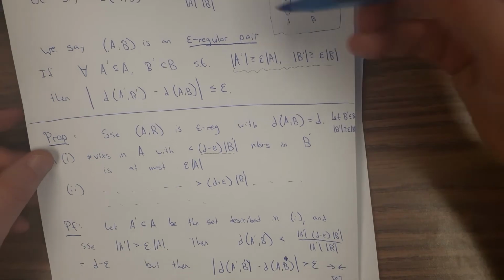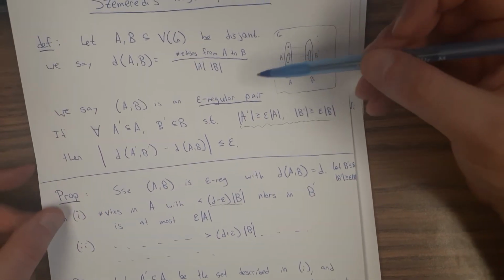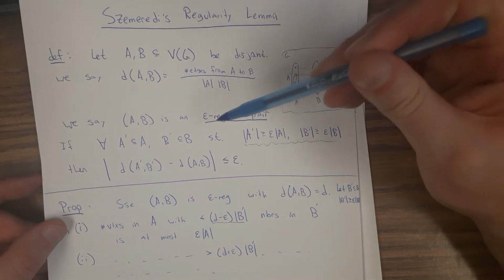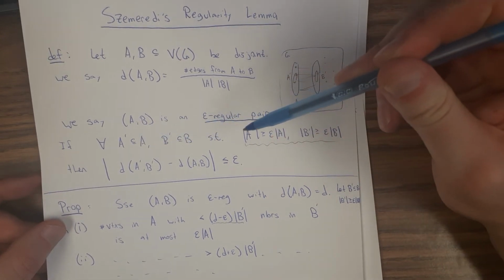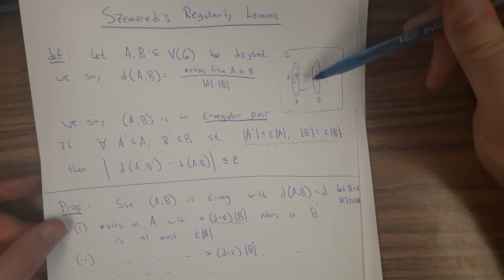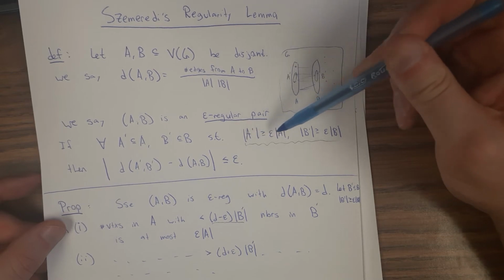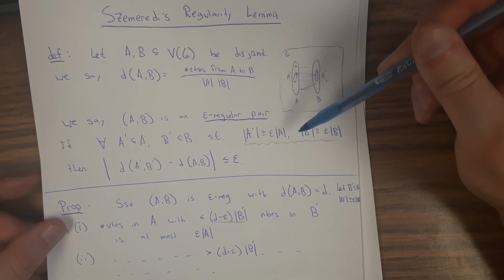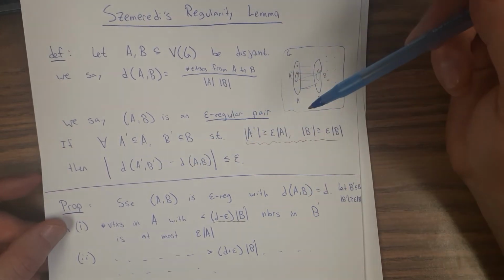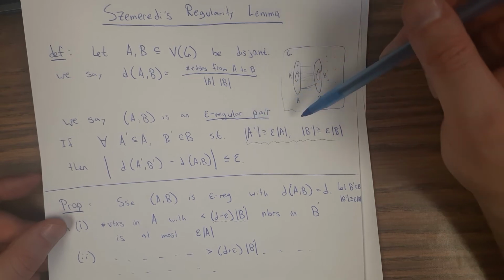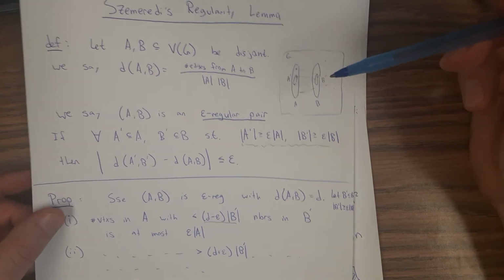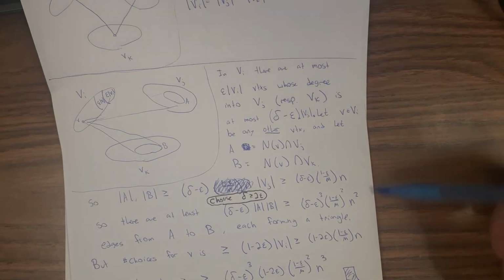For an epsilon regular pair, this is just the first page of the notes from last time, you have to be talking about subsets that are large enough. Like A prime is a subset of A, B prime is a subset of B, and A prime has to be at least epsilon times the size of A, and B prime has to be at least epsilon times the size of B, and then you can talk about the density. If A prime is too small or B prime is too small, then all bets are off regarding the density. So we need to talk about that, at least, for a second.